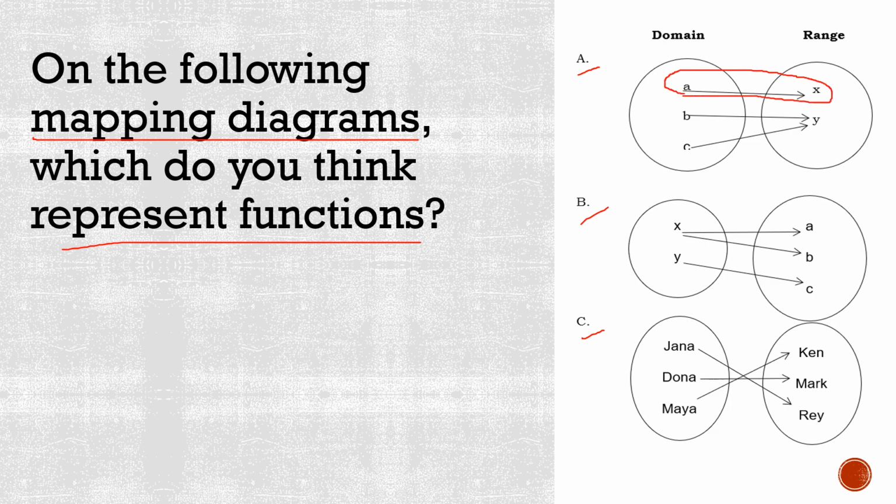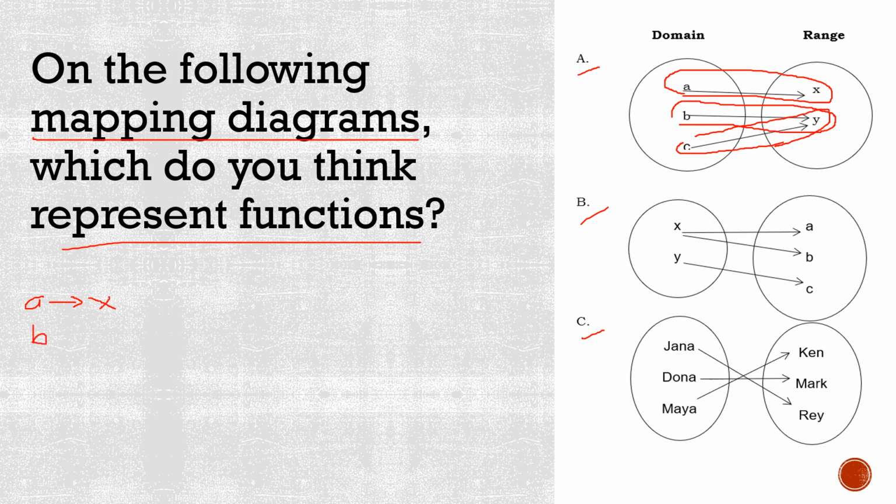your A is mapped to your X. Your B will be partnered to your Y, and your C is also partnered with your Y. So if we try to separate each of the relationships between your domain and range for letter A, your A can provide you an X value.